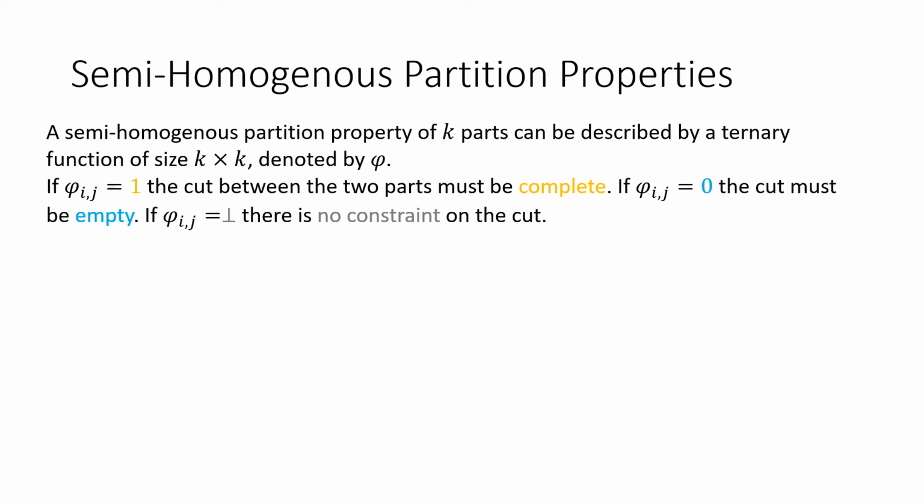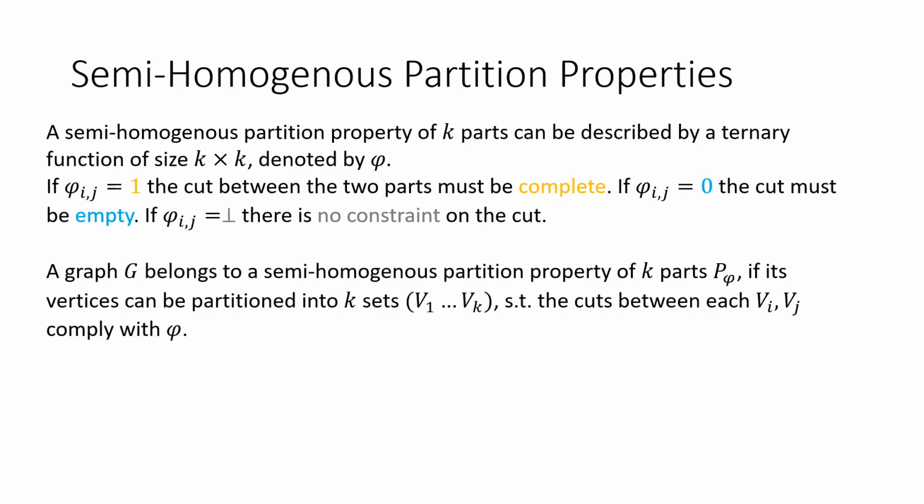We will make slight use of the notion of cuts. We also talk of cuts between a set of vertices and itself, in which case a complete cut means the set of vertices is a clique, and an empty cut means it is an independent set. A k-part semi-homogeneous function is defined on the set of unordered pairs of k parts, V1 to Vk. It maps each pair of parts to a semi-homogeneous constraint on a cut: complete, empty, or don't care.